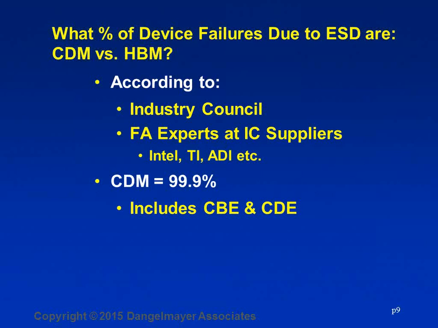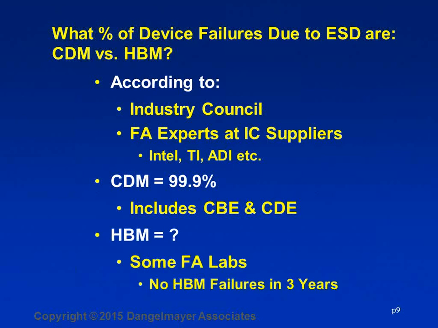This figure of 99.9% includes the charge board event and cable discharge event because the characteristics are so similar, except for the energy levels being much higher for the charge board event and cable discharge event. So for HBM failures, there isn't much room left, and it is interesting that some of the failure analysis labs report that they have not seen an HBM failure in their FA labs in over 3 years.